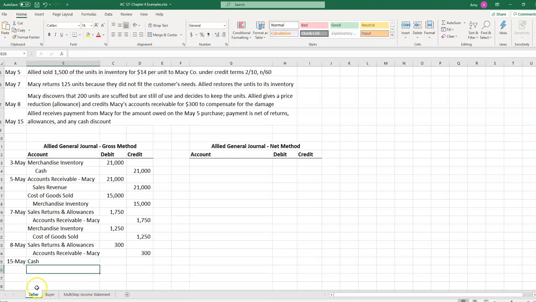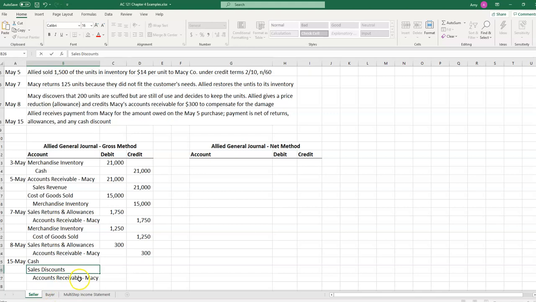We're going to credit their accounts receivable. And then we also have a debit to an account called sales discounts.